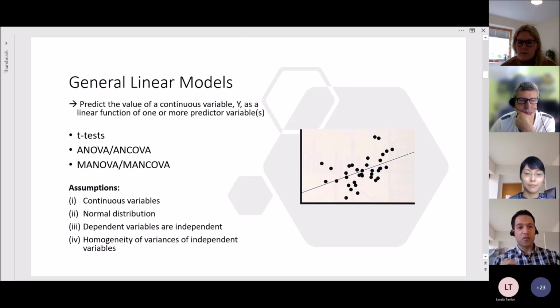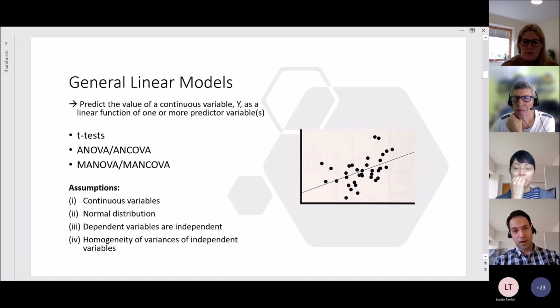Basically, all of these are regression models. So you can say that they are special types of regression models, and they're used for different purposes, primarily to predict the value of a continuous variable, that's y, as a linear function of one or more predictor variables or independent variables.